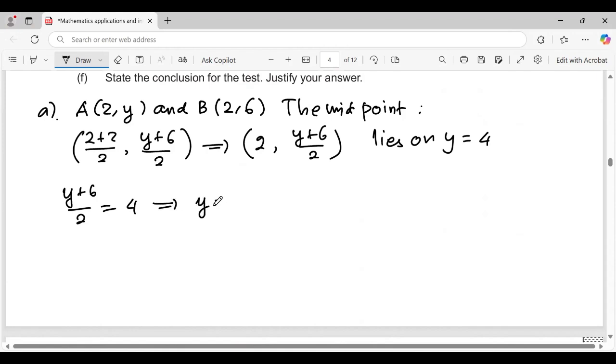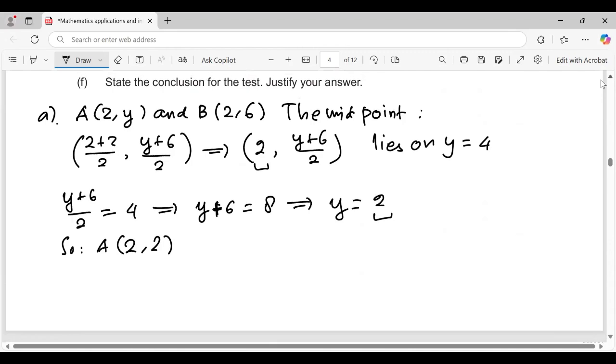So y + 6 equals 8, and y equals 8 minus 6, which is 2. So the coordinate point A, x and y, is (2, 2).